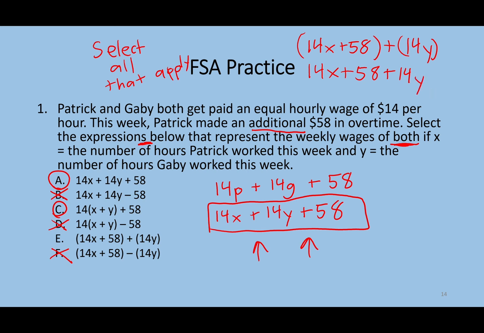Your first instinct might be, E is wrong, Mr. Pearson. There's no way it can be right. Look, it's not like what we're looking for. But it has a 14x, it has a 14y, and it has a 58. The only thing that changed for E is the order. That doesn't matter. E is correct. So this one has 1, 2, 3 responses.